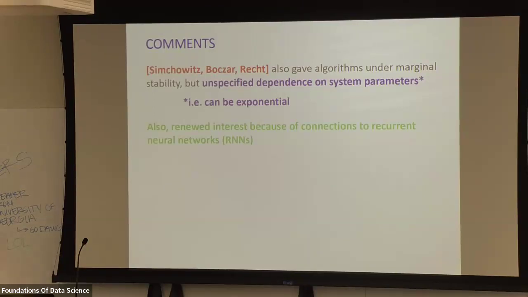And also I wanted to make one more philosophical comment. I told you that there was this huge interest in linear dynamical systems in the early days of control theory. And then it had a bit of a lull, and then all of a sudden there was an explosion. What happened? One of the things that happened was we got interested in things like recurrent neural nets, which are nonlinear versions of these problems. You have a nonlinear dynamical system.